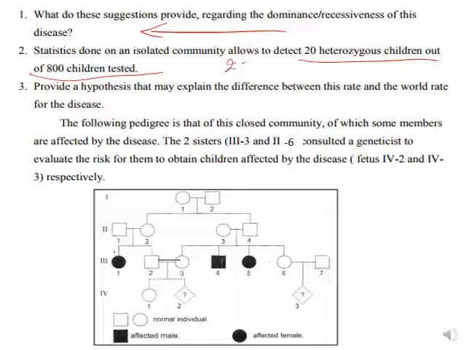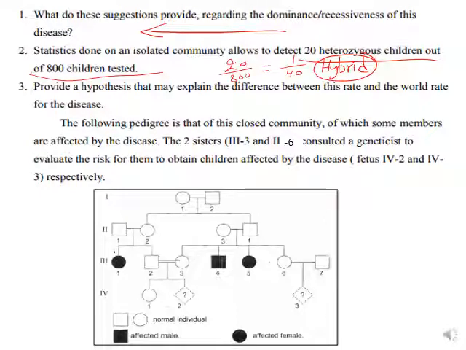So 20 over 800 will be 1 over 40 to be hybrid or heterozygous, here in the community. So they said, propose a hypothesis that explains the difference between this rate and the world rate. This can be explained like a hypothesis: the marriage of relatives can lead to an increase in the risk of having PKU children.